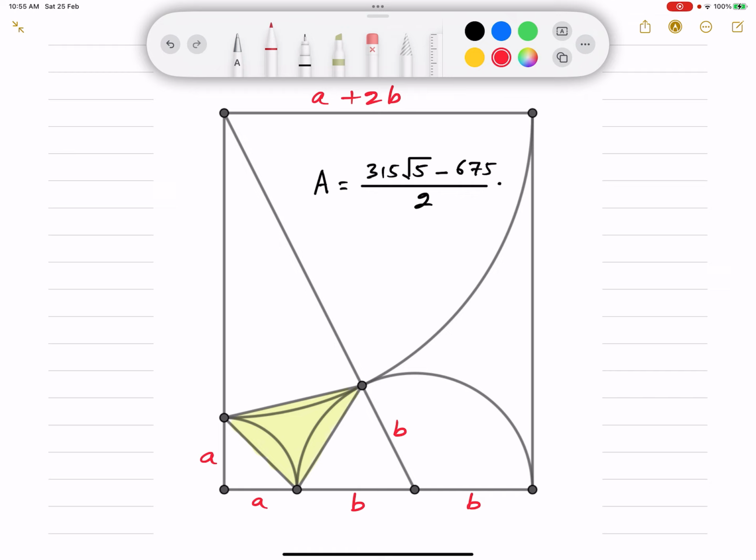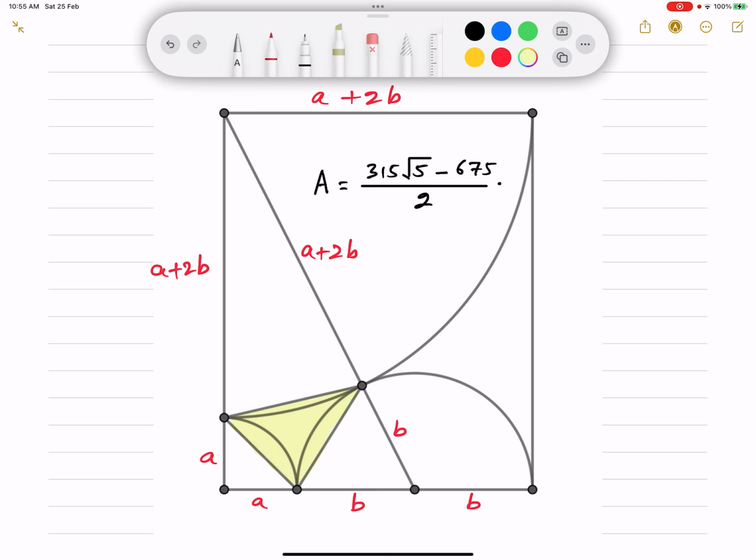This is the radius of the big circle, so that makes this side here also a + 2b, and also this side here a + 2b. So the width of the rectangle is a + 2b, and the length is a + 2b, which is 2a + b.